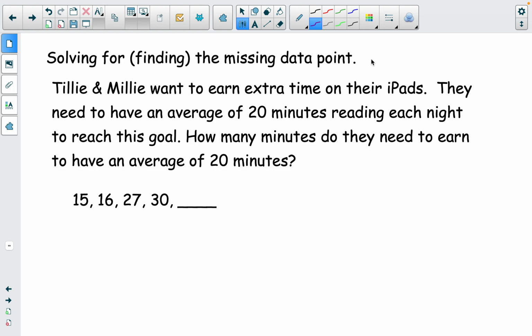Solving for, finding the missing data point.